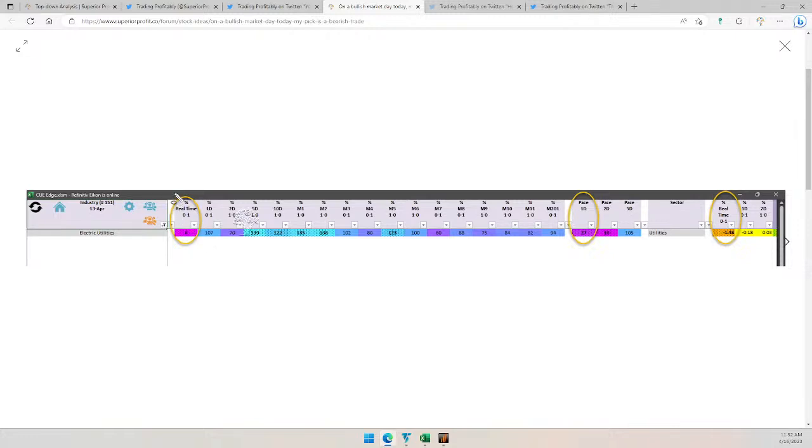See how I looked at the stock at that time in real time. Electric utilities, EXC's industry, was one of the worst performers, bottom 20% in terms of score and also bottom 20% in terms of acceleration, deceleration in terms of pace. And though the market was very bullish, this industry was coming down sharply.